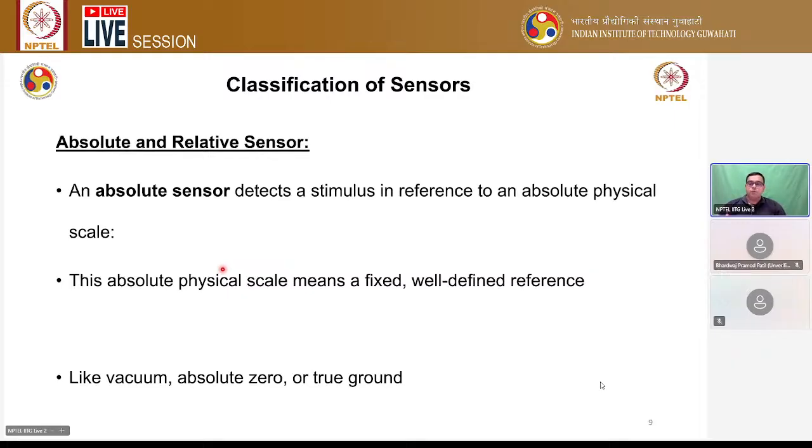In the case of pressure, it can be a vacuum, because it is a fixed physical parameter, you cannot change it. You can have a reference as an absolute zero, or in electrical connections you can have a true ground. So this physical scale remains fixed, and these are well-defined references.